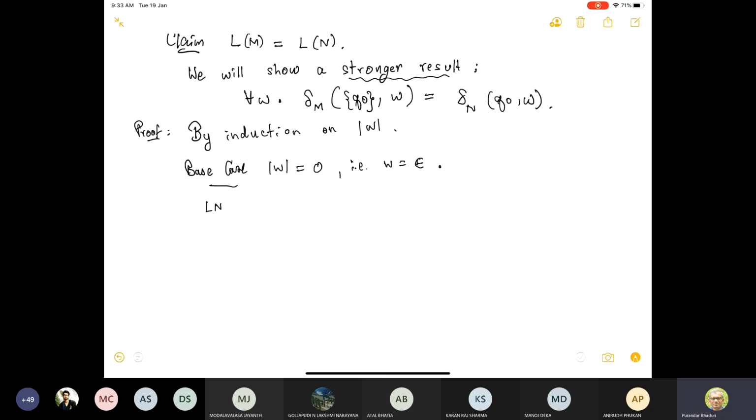what is the left-hand side? The left-hand side of the equation is delta M Q0 epsilon.